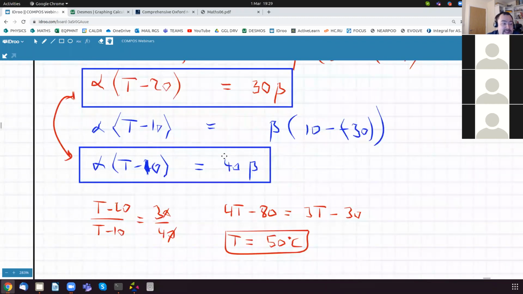So why was I saying that this is three unknowns and two equations, and you can still solve it? Well, because if you divide both equations by beta, you get alpha over beta. So it's actually two unknowns. One of them is T, and the other one is alpha over beta, a ratio.